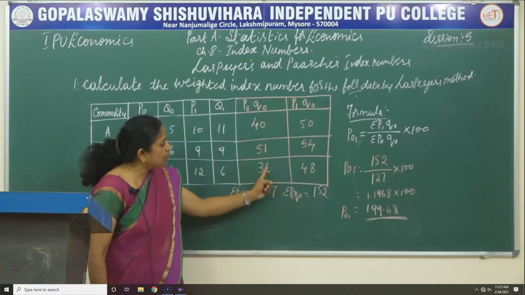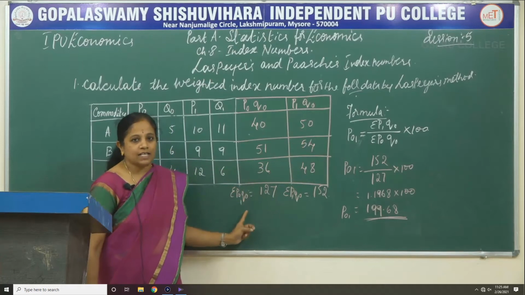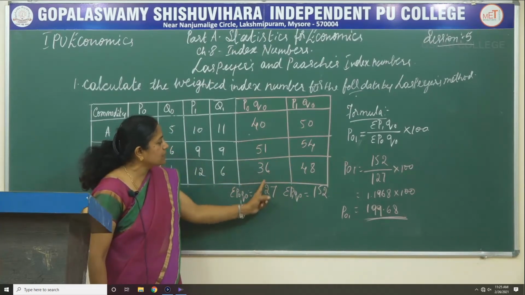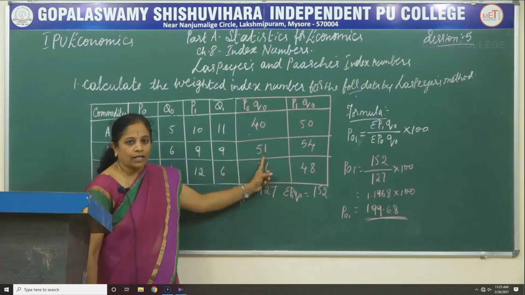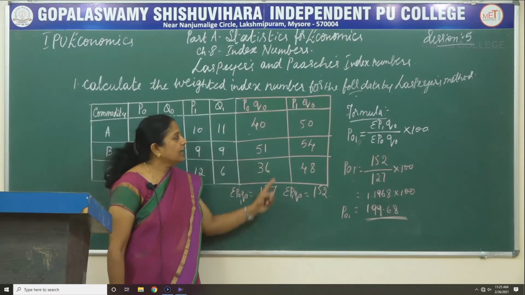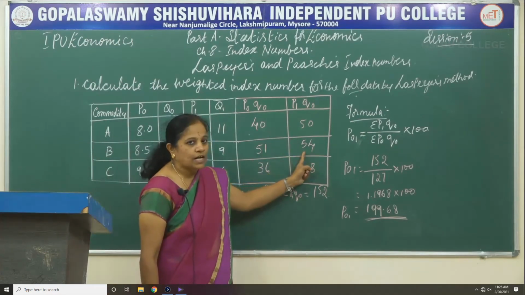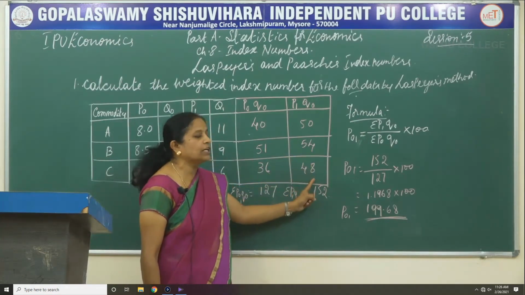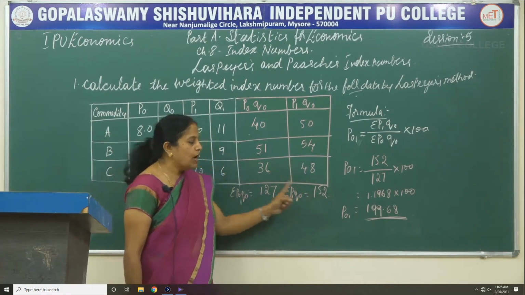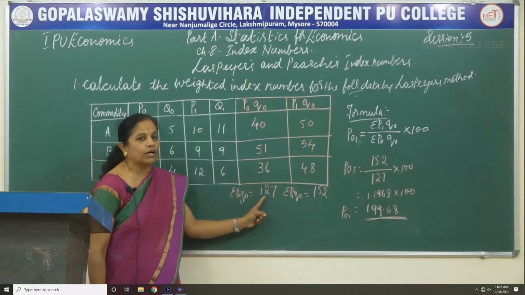So the sum total of these three values gives the sigma values. So sigma P0 Q0 is the total of this, that is 40 plus 51 is 91, 91 plus 36 is 127. Here 50 plus 54 is 104, 104 plus 48 is 152. So sigma P1 Q0 is 152 and sigma P0 Q0 is 127.